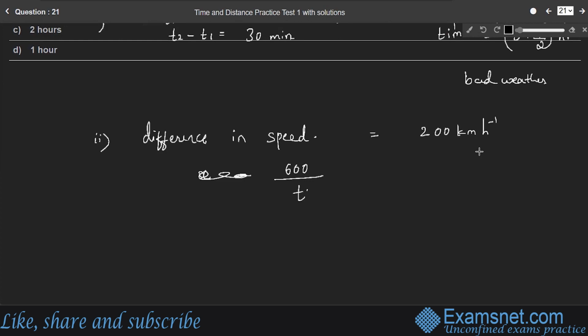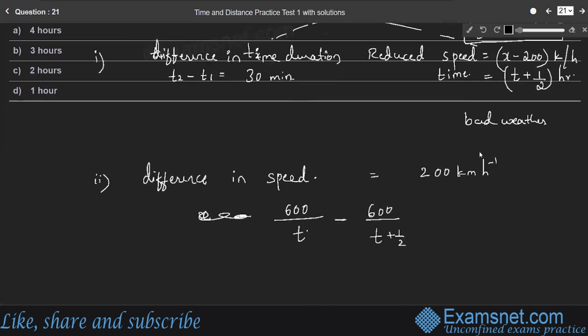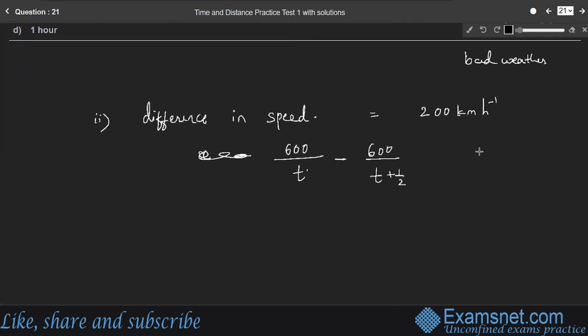You can even consider t1. So 600 by t is the speed in the first case, minus 600 by t plus half an hour, the original time plus half an hour, gives the next speed.